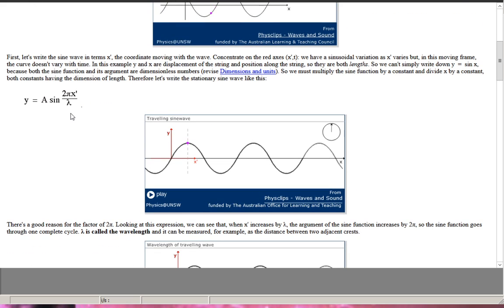Y equals A times the sine of x pi over lambda. Well, lambda is 1 over the frequency. So that's just 2 pi x prime. You can see that x prime is dx over dt.